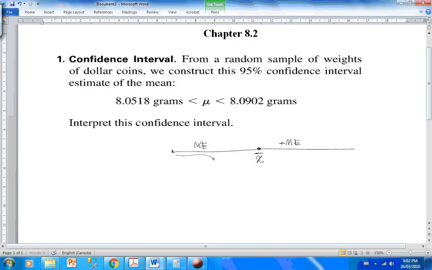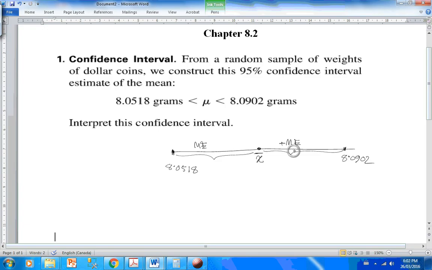And these two margins of error keep this x bar right in the middle. And this confidence interval is telling us that the lower bound is 8.0518, and this upper bound is 8.0902 grams.